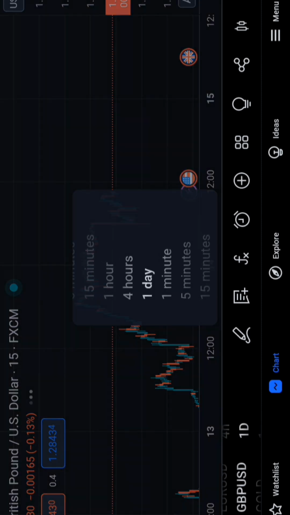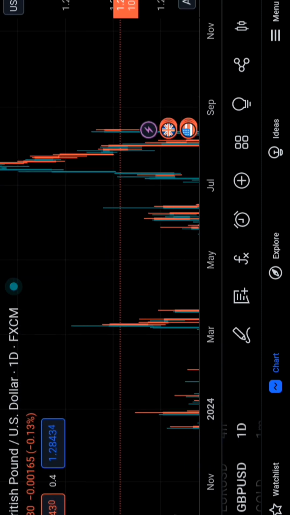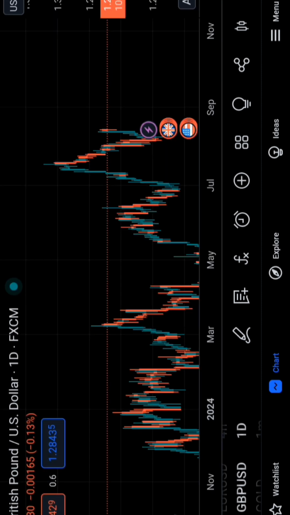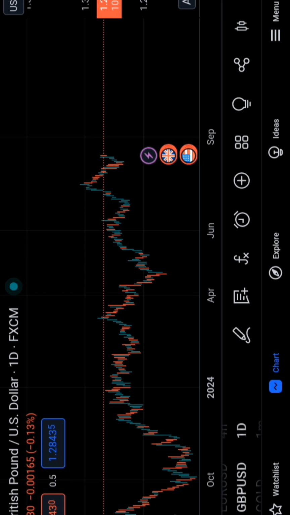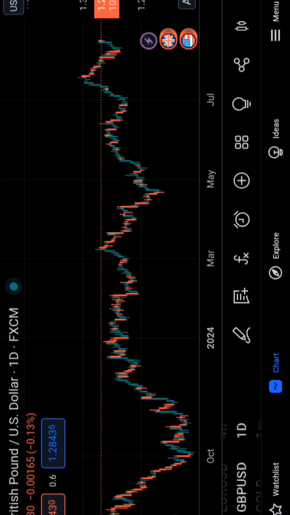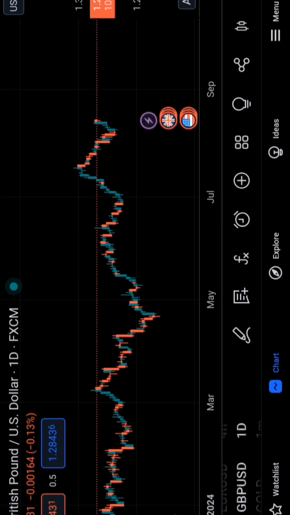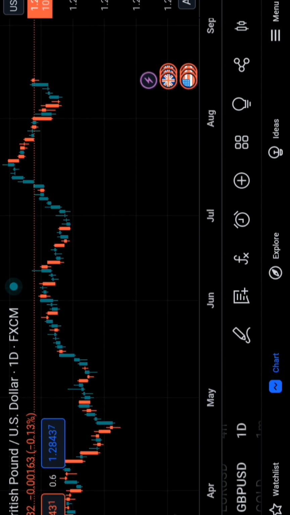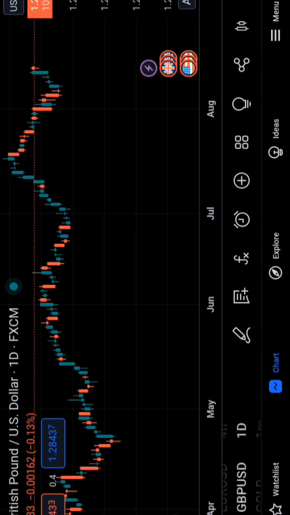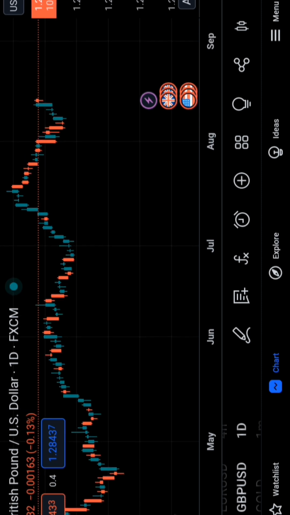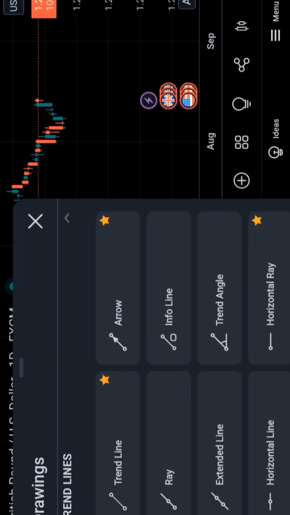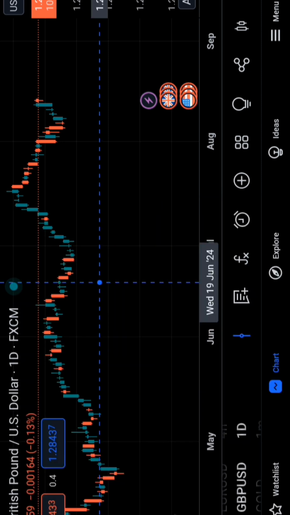Go to the daily time frame. Now let's go to the daily max. So July is here, easy. Those 30 candles. Okay, so let's mark out where July starts from using a vertical line.